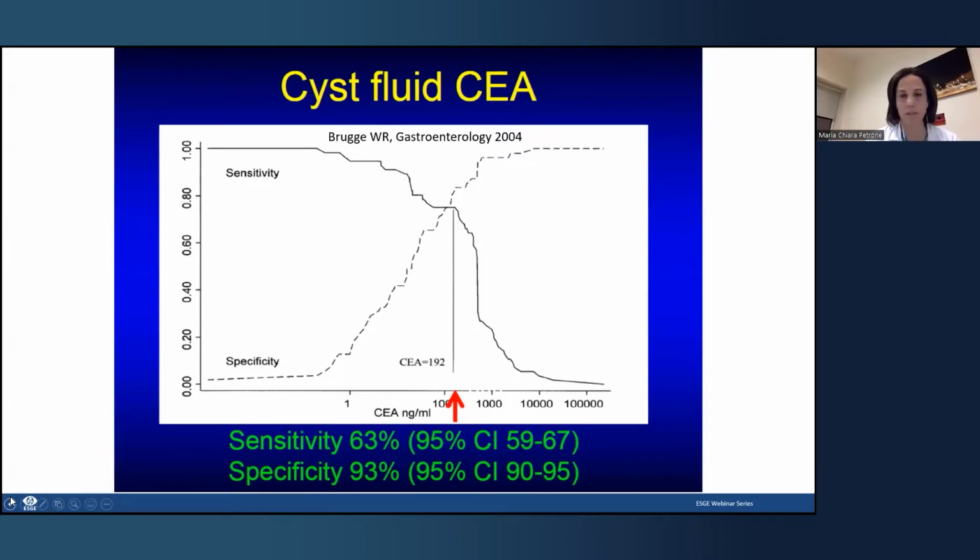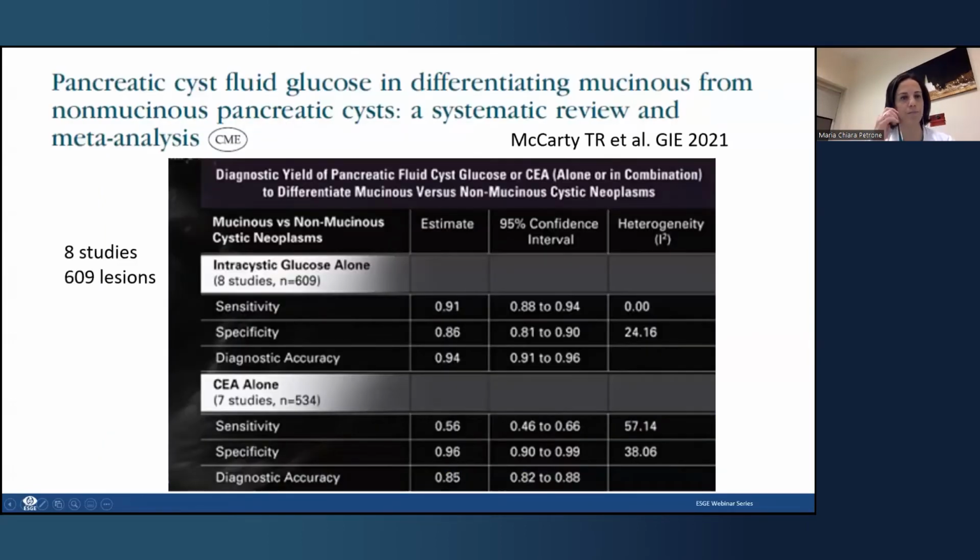It is not predictive of malignancy, and it has a high specificity of 93%, but a low sensitivity. And for sure, it has been the most available marker used during the last 2 decades, I would say. And the guidelines continue to recommend a cutoff value of 192 for differentiating mucinous versus non-mucinous lesions.